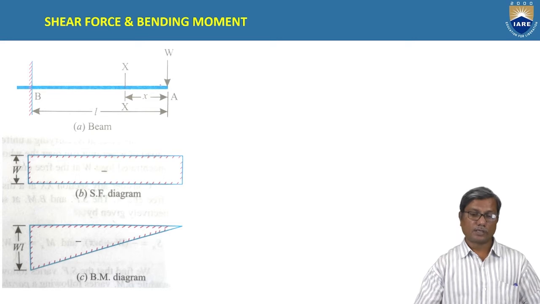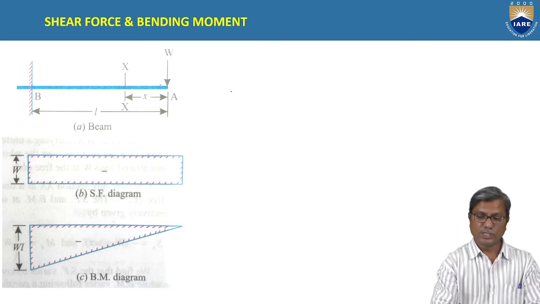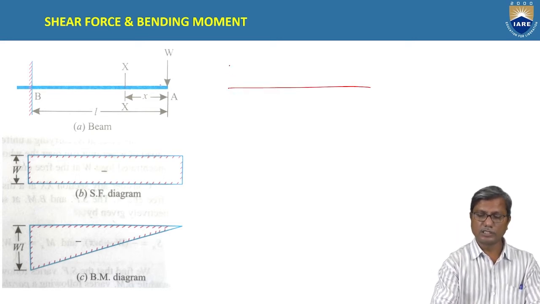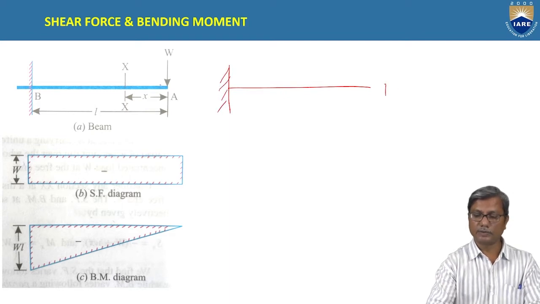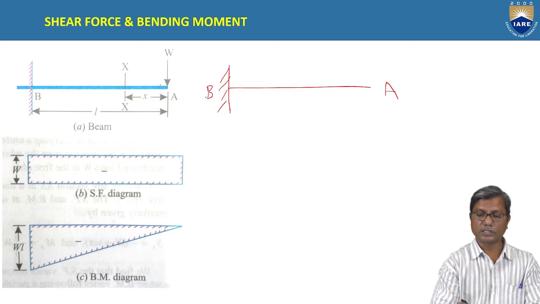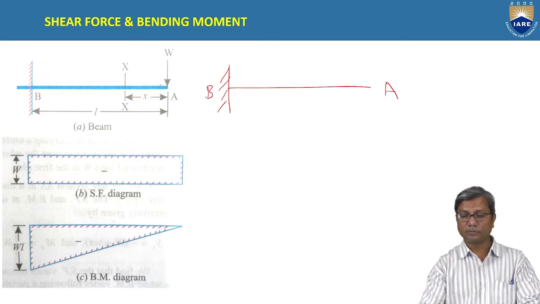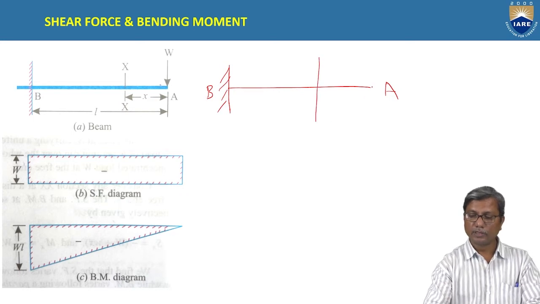Coming to this, we consider the right side here because the free end is lying on the right side. So the free end is taken as A and the fixed end is taken as B, and there is a point load W at the free end.